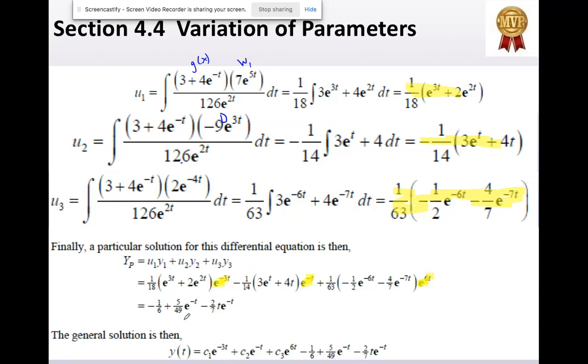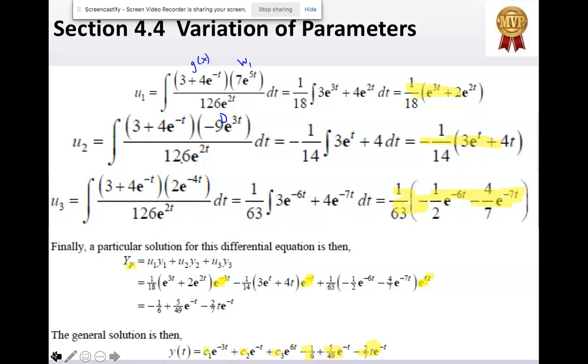Got some nice simplifications here. Combined it into my one solution with my 3 constants. This time there was no overlap, so I actually had all 3 terms from my particular solution. Woot woot, right?